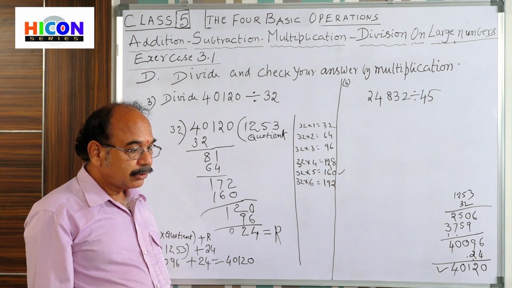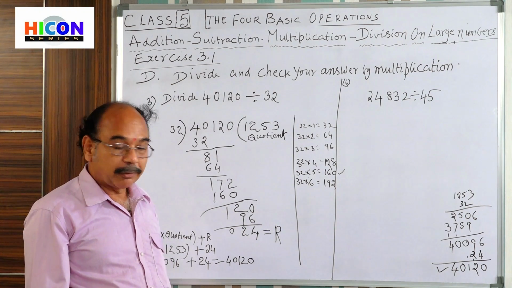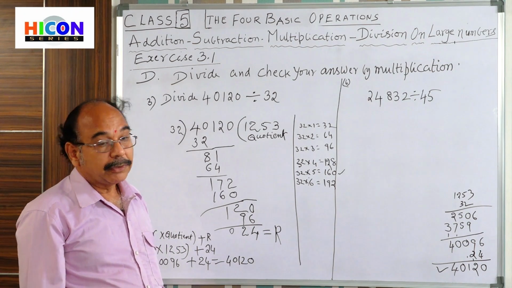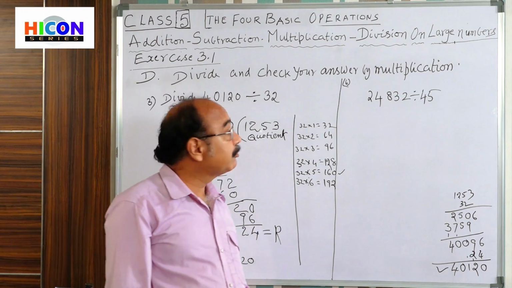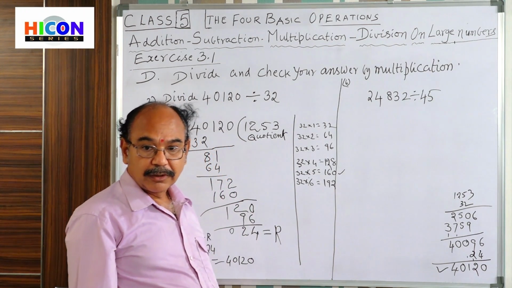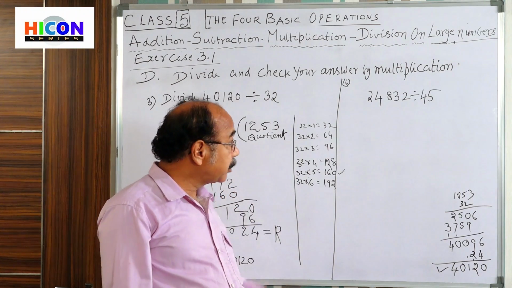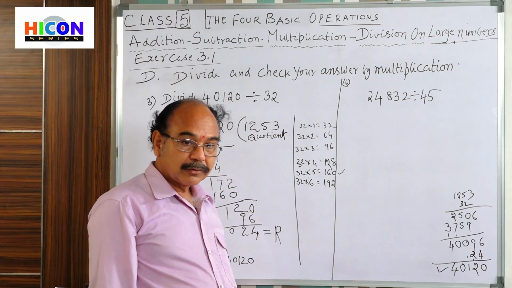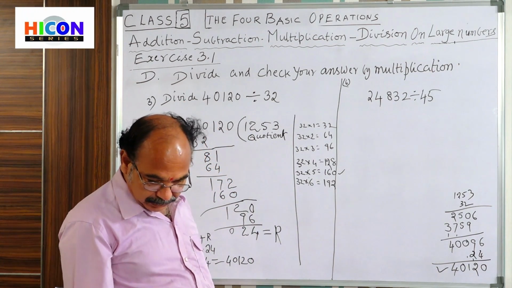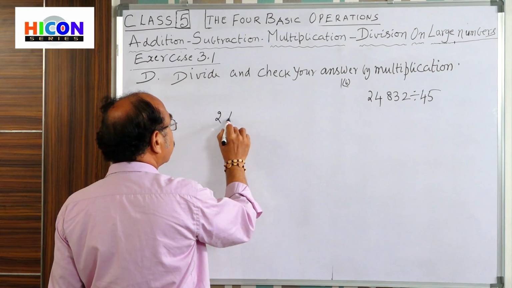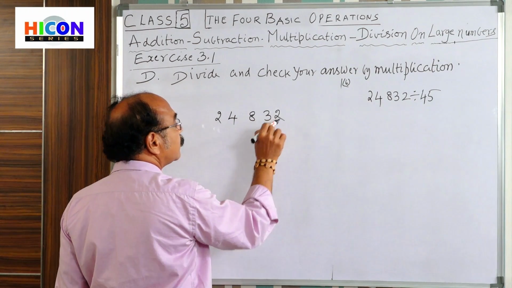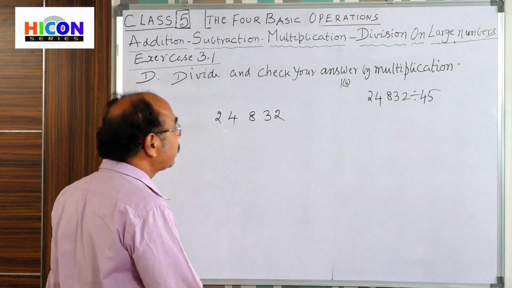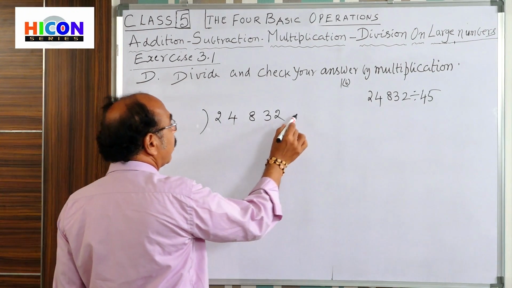You are perfected in tables up to a limited number, but here we are doing the division with 45. That is 24,830 divided by 45.